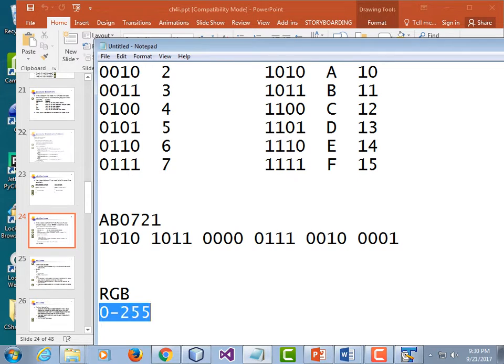So those are perfectly represented by pairs of hexadecimal digits. Somebody may say, I need a shade of blue that is equal to 14B3F2 or whatever. The more sophisticated paint programs will let you type in a color very specifically by doing a hashtag followed by a series of numbers that represents a color.